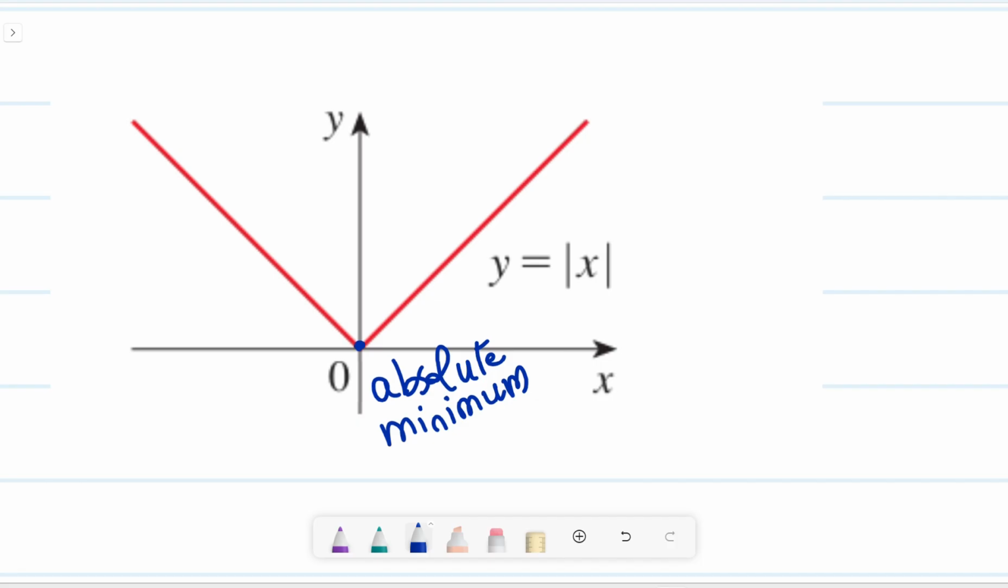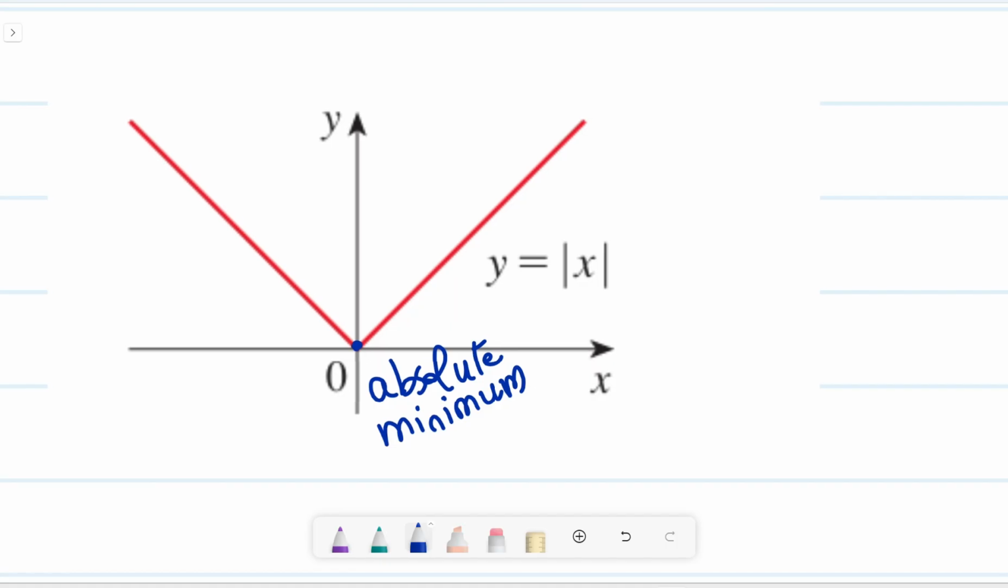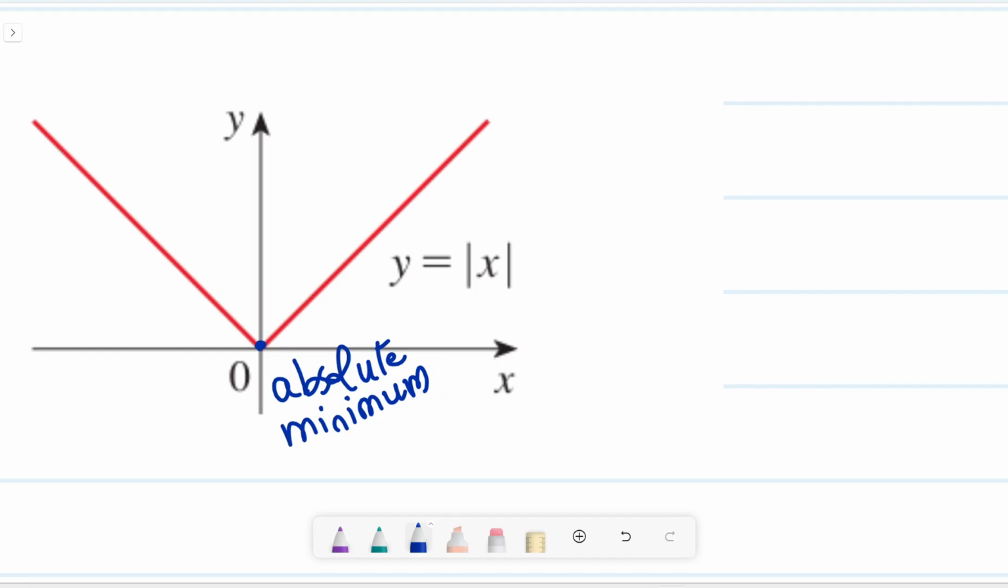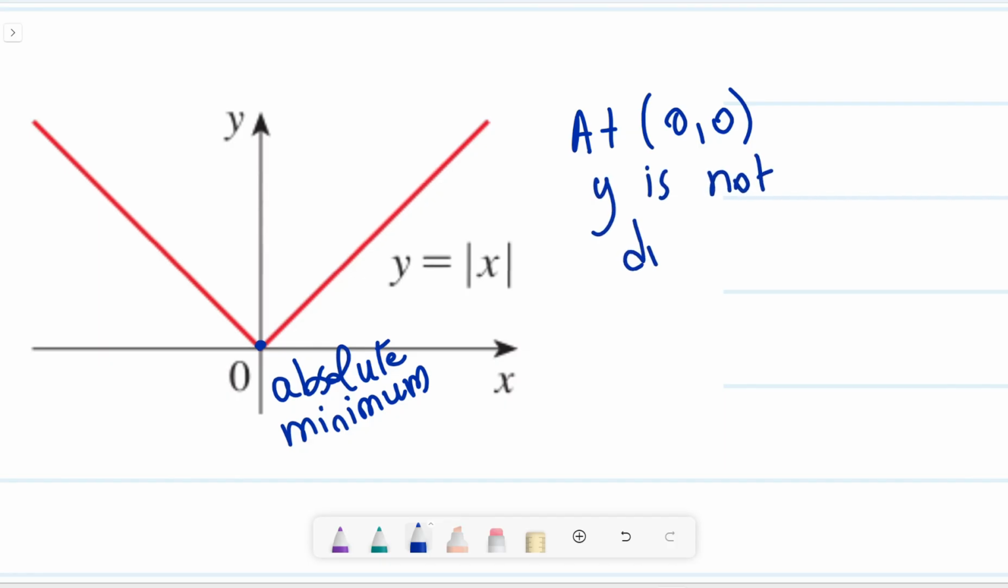But if we're looking at the entire domain, we do have an absolute minimum at x equals 0 and y equals 0. However, at 0, 0, these are the coordinates, y is not differentiable.